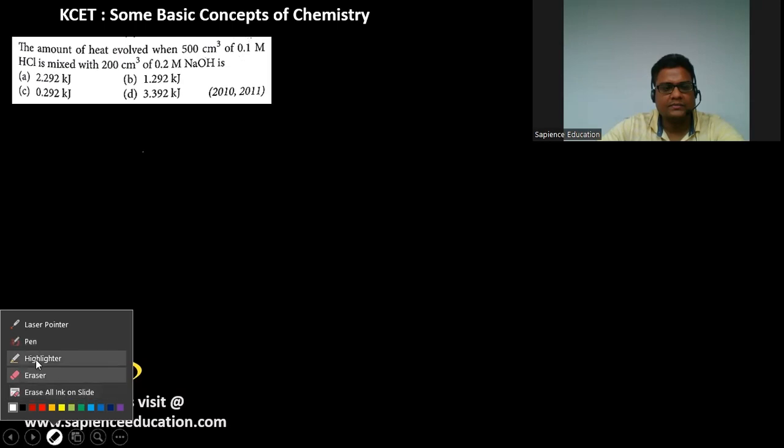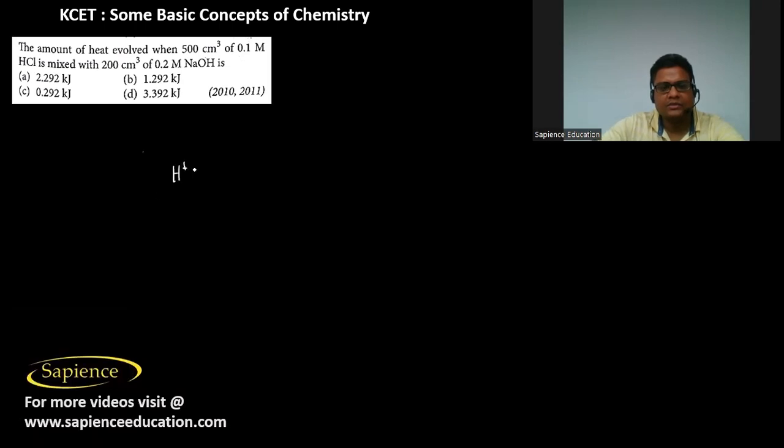The rule is when 1 mole of H plus ion neutralizes 1 mole of hydroxyl ions, then H2O is formed and the amount of heat evolved, that is the enthalpy, is equal to minus 57.1 kilojoule per mole. It is the amount of heat that is evolved per mole.